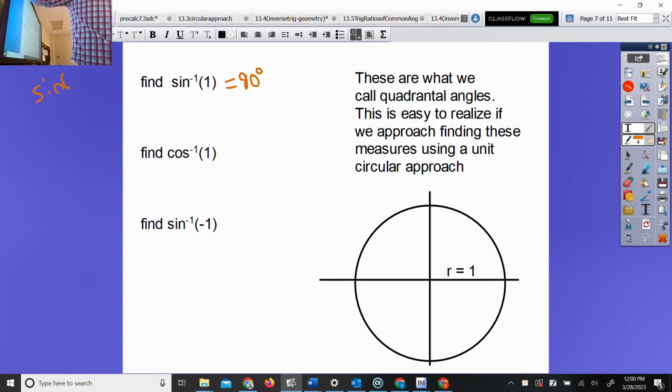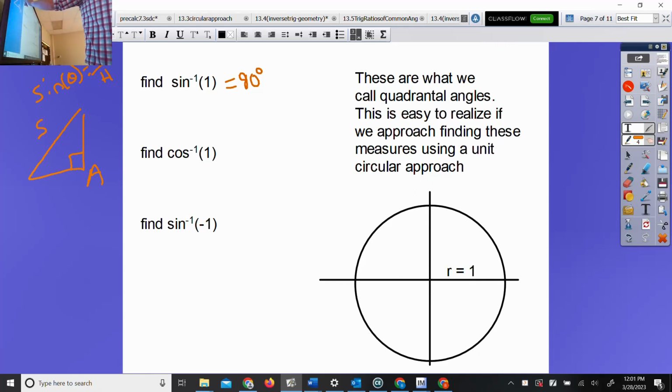Sine ratio is opposite over hypotenuse. This is something you hardly ever do. But if you're sitting at the right angle, say that's angle A, and you want to find the sine of angle A, and you do opposite over hypotenuse, say I put a hypotenuse up there of 5, this is an example.